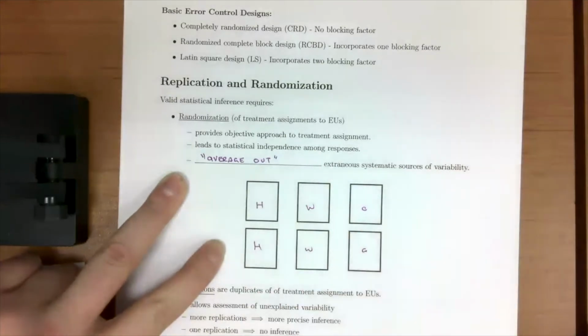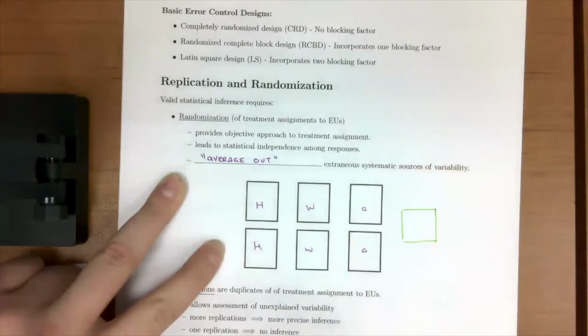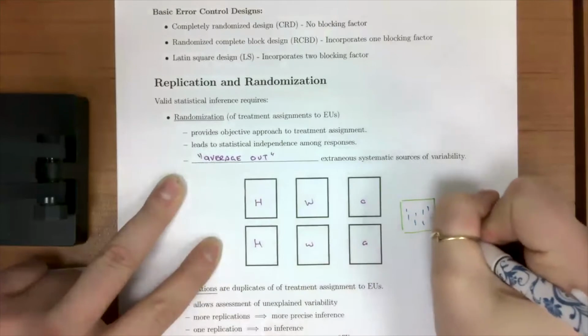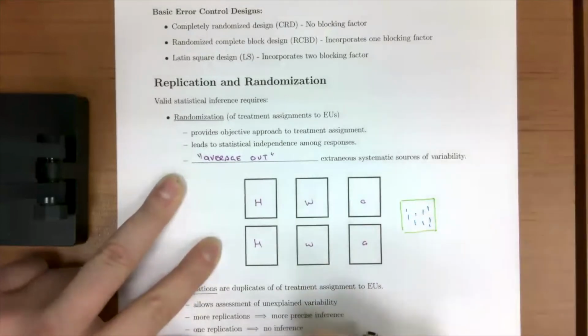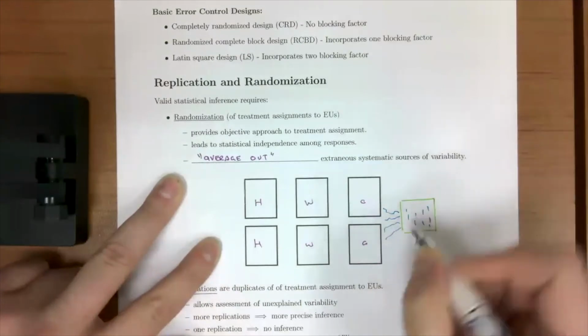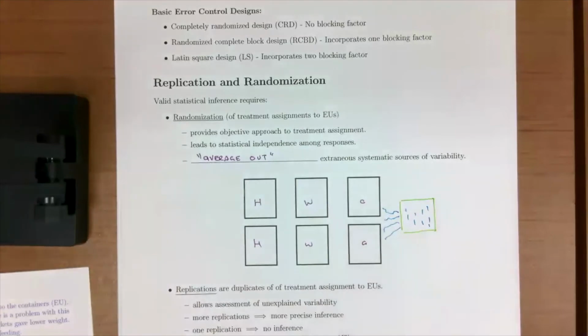Let's say there's a window right here, and it's snowing outside, and the insulation isn't good, and so the cold air seeps through and makes these 2 buckets even colder, which is going to affect it. But if we randomly assign things, it's going to end up averaging out weird things that we don't think of. So randomization is always good.